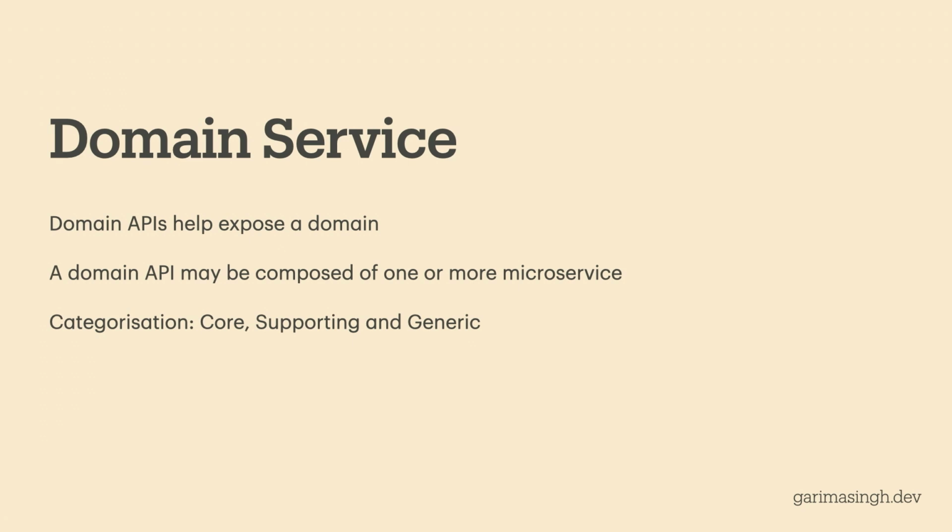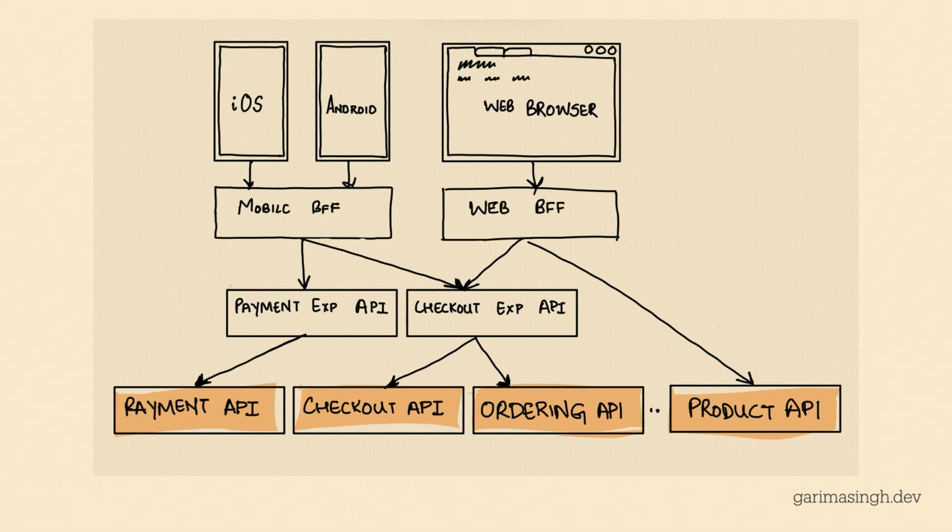It's in the name. And this one will be simple: payment API, checkout API, ordering API, product API. Going back to the first monolith architecture slide that I spoke about, it is pretty much the modules we spoke about.